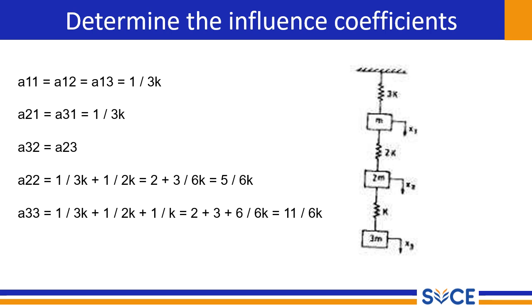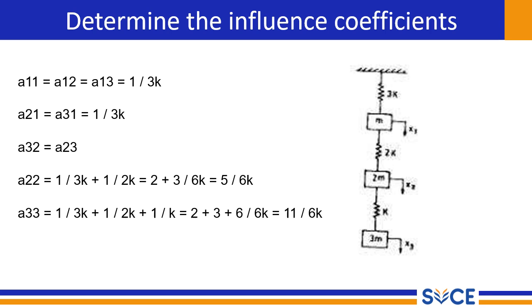Let me get the solution by assuming that we are applying unit force at mass 1 and then getting the displacement. What will happen? If the force is applied to this mass, only this stiffness will come into the picture. So force is unit, force is 1 divided by the stiffness corresponding to that, which is 3K.